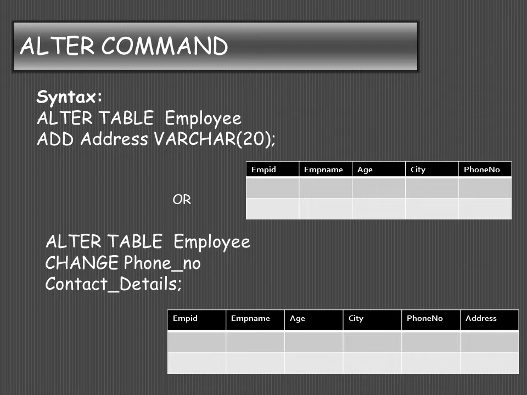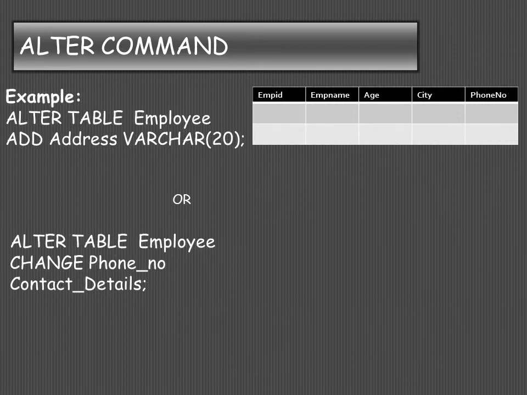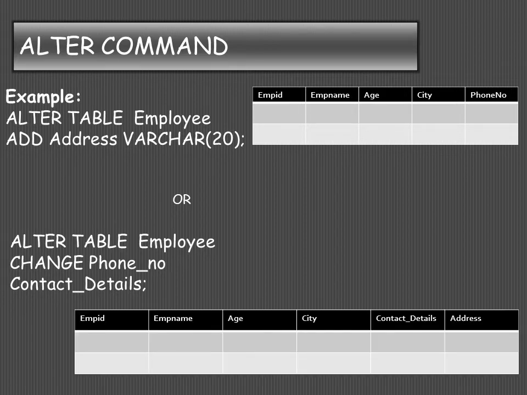It means now phone number should be changed to contact details. When this command is executed, the structure of the table is changed like this. So phone number has been changed to contact details. So this is the use of the alter command, which is used to modify the structure of the table.